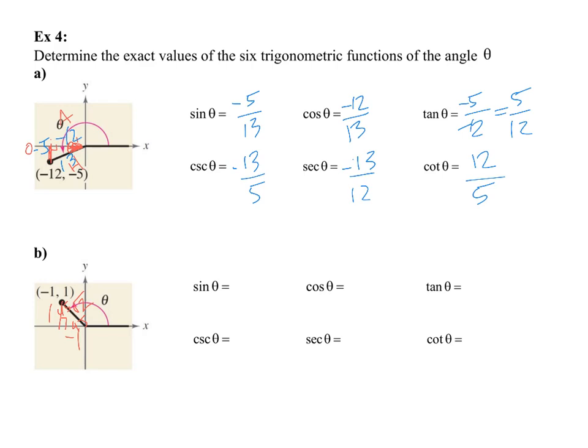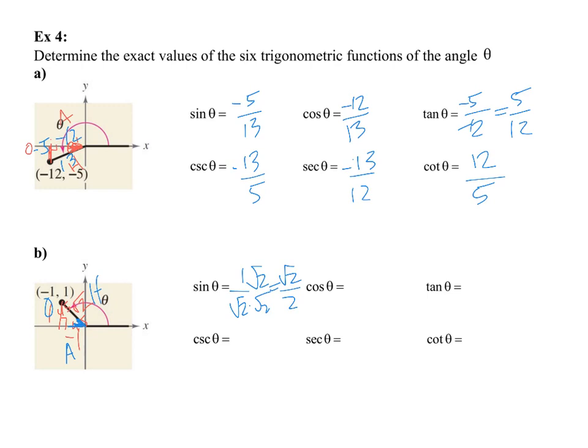Okay, so here's my reference angle now. That's what I'm using to answer these questions. All right, so here I have adjacent. This is opposite, hypotenuse. So opposite over hypotenuse is 1 over square root of 2. Rationalize the denominator. Square root of 2 over 2.